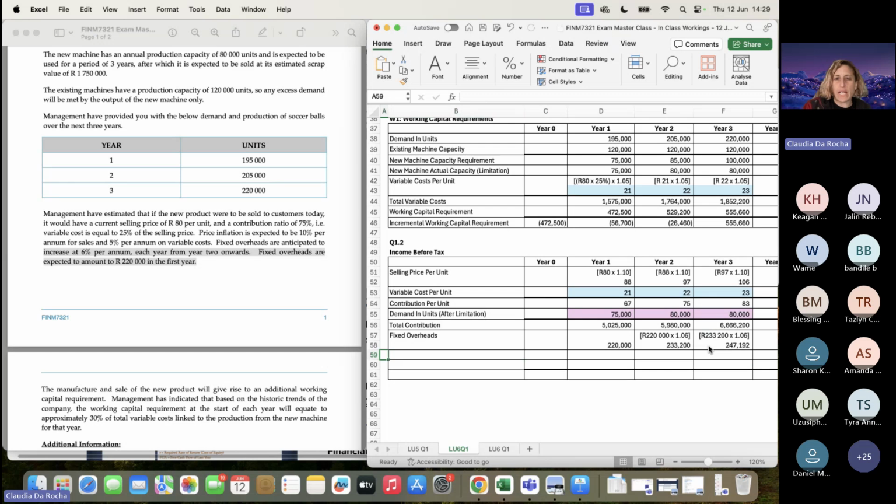Okay, which then gives us our income before tax. We have a working and income after tax.